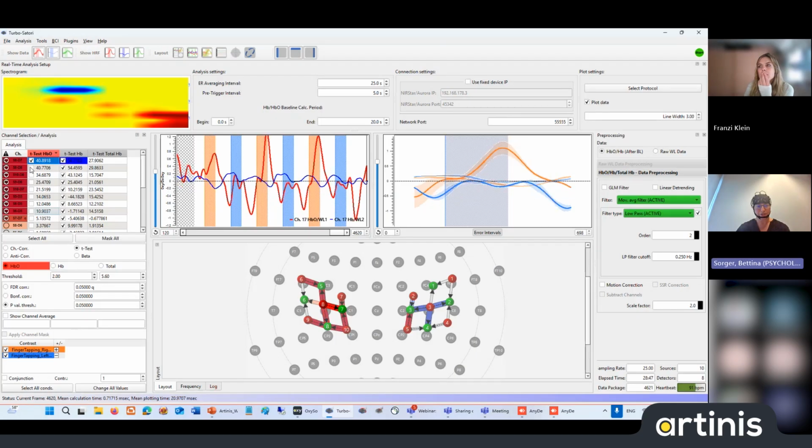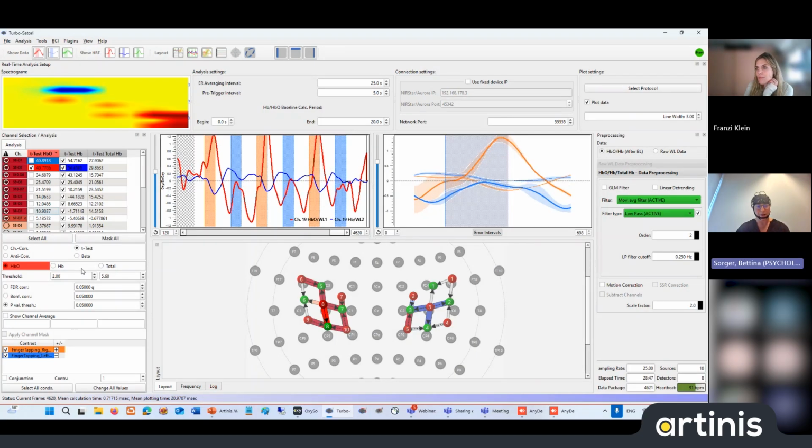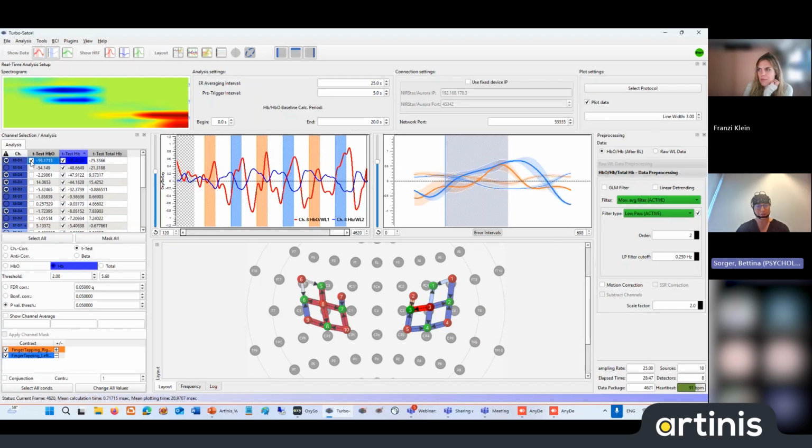And then you can also see the nice correspondence of oxy and deoxy values. When we now look for the best oxy channel, which you can also do like this, the best oxy channel is here. The best deoxy channel. But you see this clear lateralization. I mean, all what you want to see.